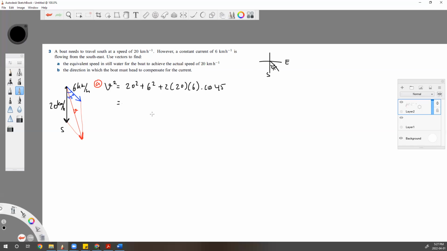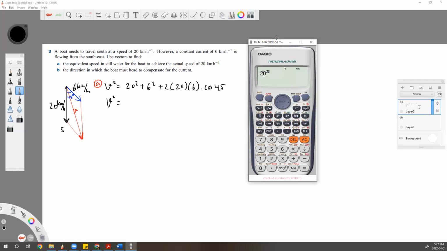Okay, equal, right? And then V square, I just use calculator. Wait, give me a moment. I'm finding calculator. Where's my calculator? Here.